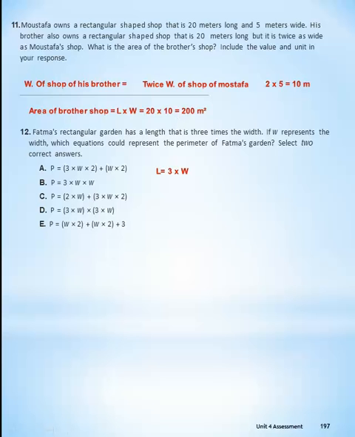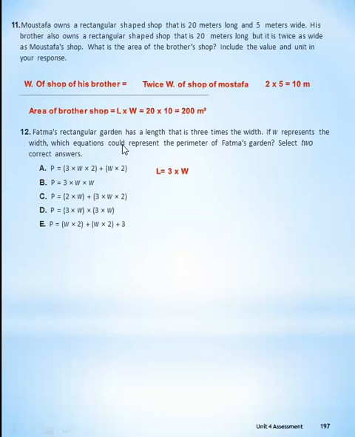Fatma's rectangular garden has a length that is 3 times the width. If W represents the width, which equation could represent the perimeter of Fatma's garden? Select 2 correct answers.